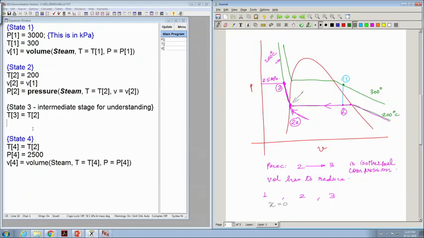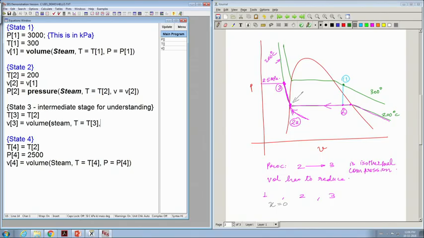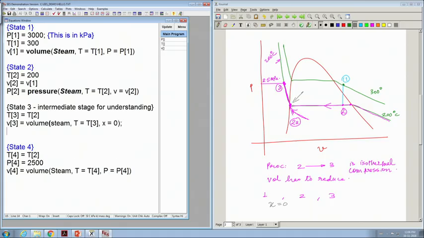So we can directly find V3 equal to volume, steam, T equal to T3 and x equal to 0. Similarly, P3 will be pressure, steam, T equal to T3 and x equal to 0, just for completeness. Let us now do the plot.